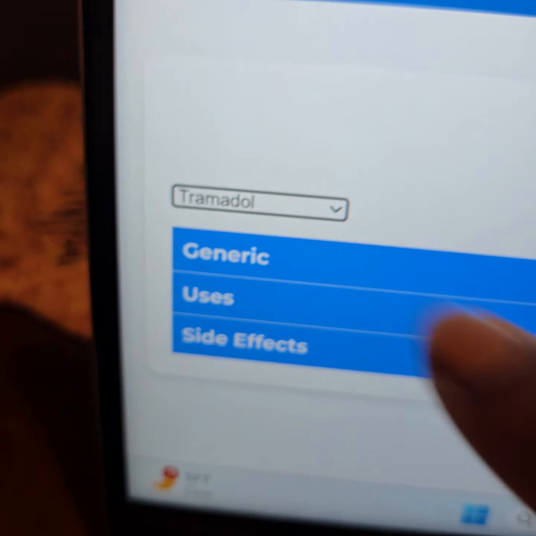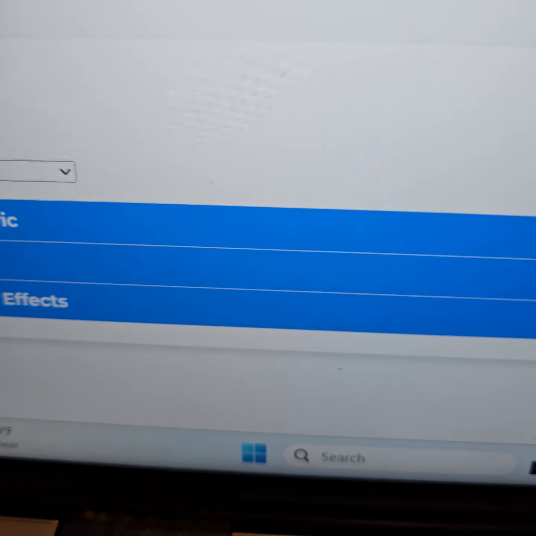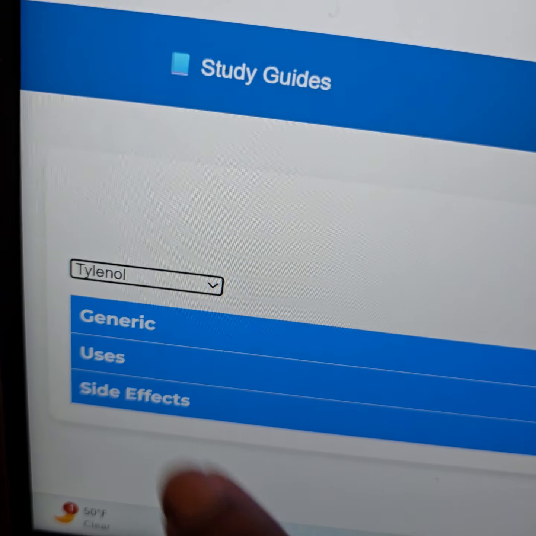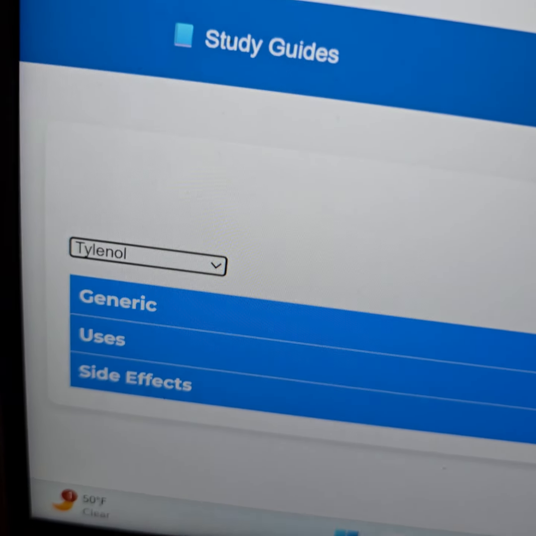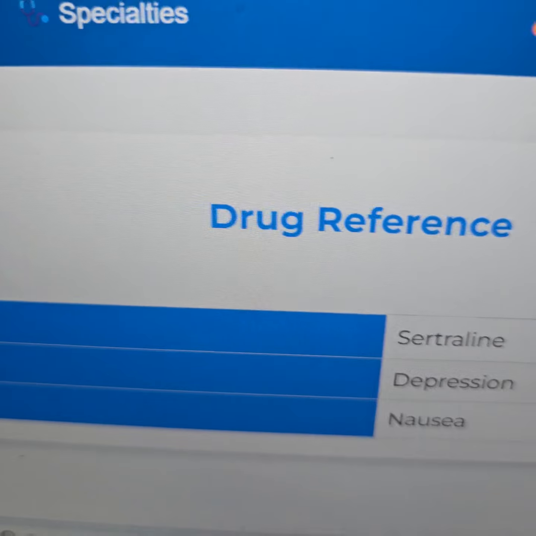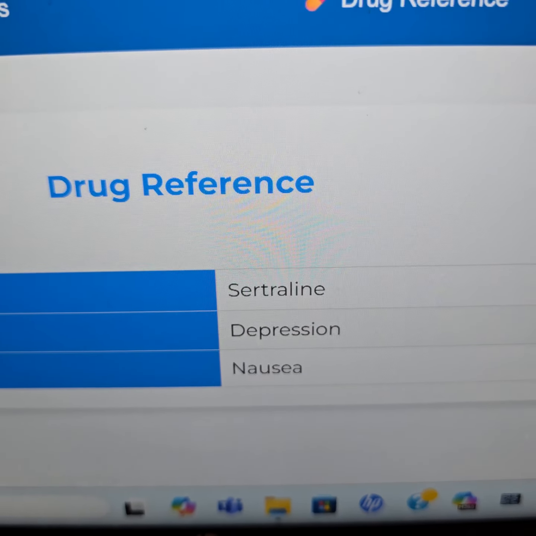Say you click on tramadol: pain relief, with side effects. So you have 10 drugs in here, and basically, you all know Tylenol. The more you click on different drugs, it's going to give you the side effects, what it's used for, and the generic version. Zoloft, and then the generic version is sertraline, for depression, and nausea is the side effect of that drug.